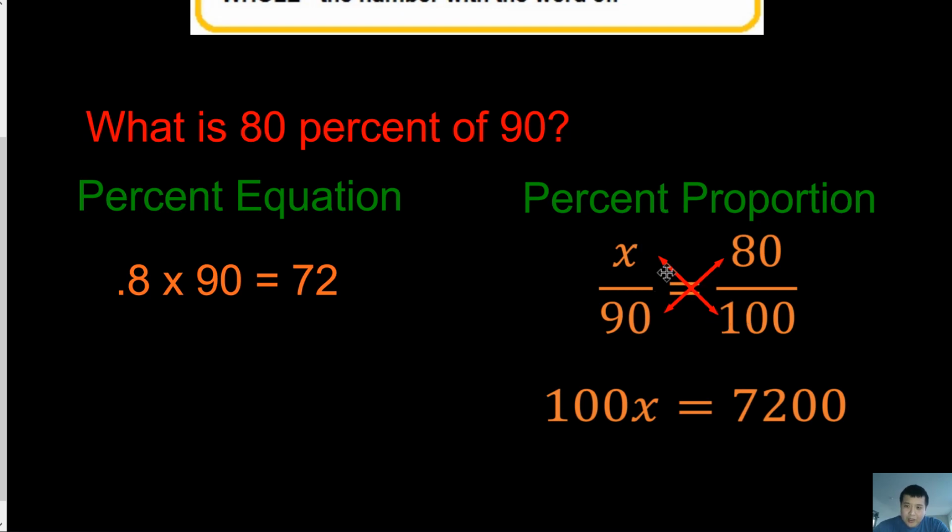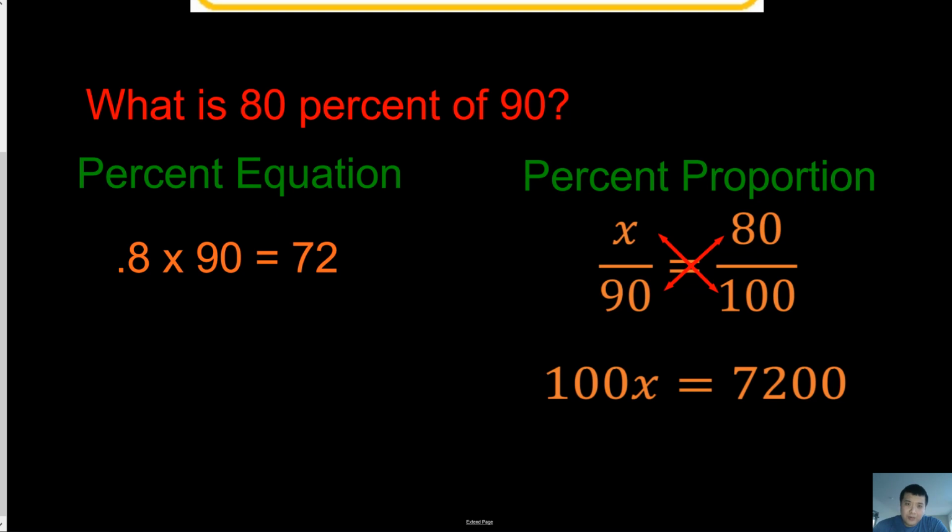That is 100x, and 80 times 90 is 7,200. This is cross multiplication, it works, and we'll talk about why this works later on in the year. But we're going to multiply both sides by cross multiplying and then forming the 100x over here, or 100 times x, as you know, and 90 times 80 is 7,200.